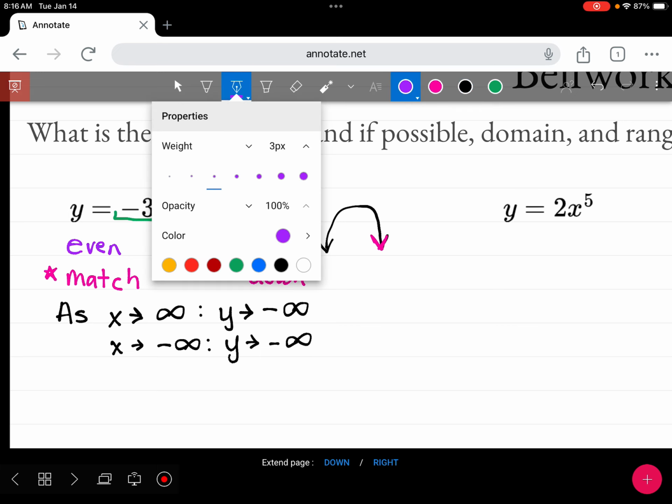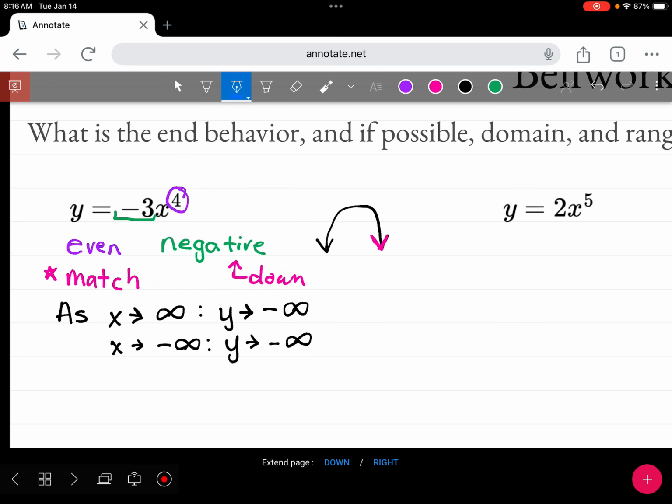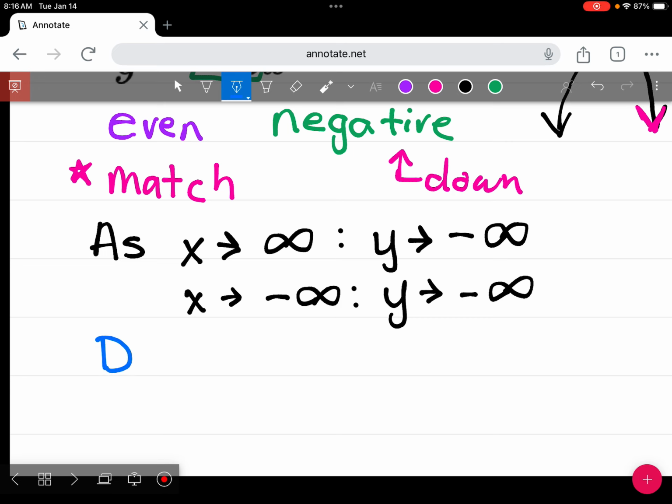So do we know our domain on this one? Where are our x's going to be? What's the smallest x we can use? What's the biggest x we can use? Oh, this does, but it's a little hard. Where do our x's go?